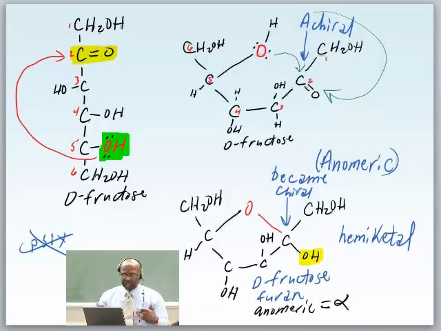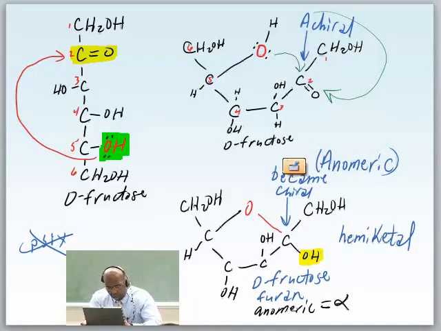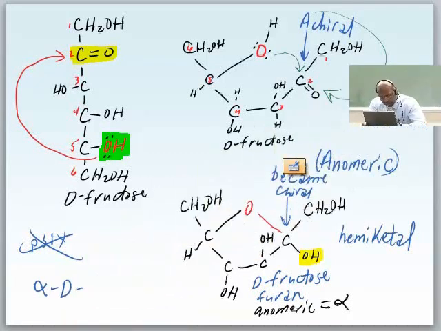And so when you name this compound, you can say, well, this is D-fructose in the furan form with the anomeric carbon in the alpha configuration. But that's kind of a long name. So scientists have come up with this name for this compound. We call this compound alpha D fructofuranose.